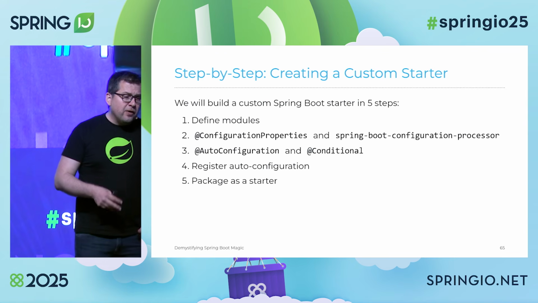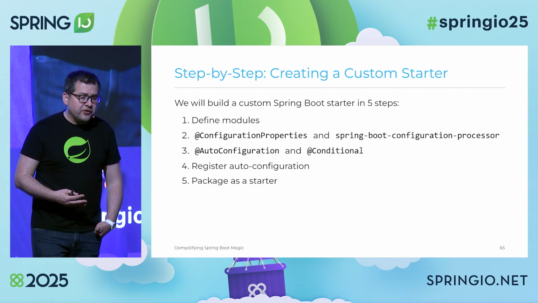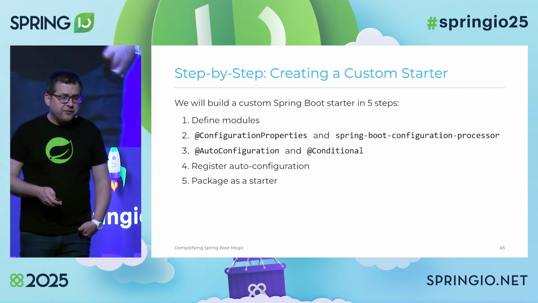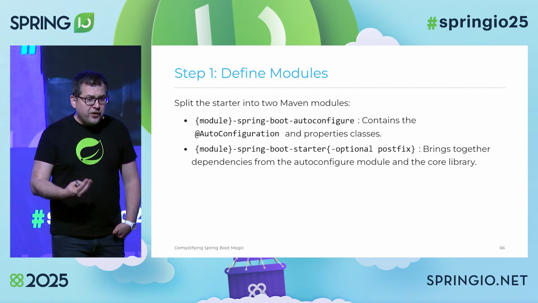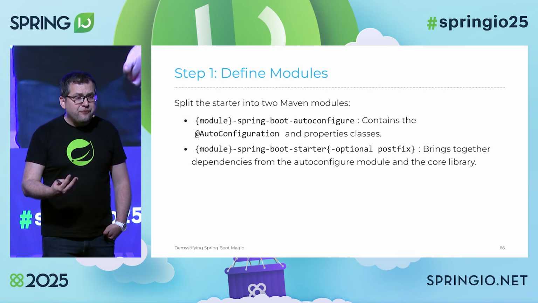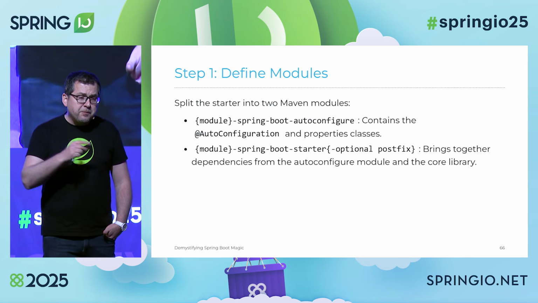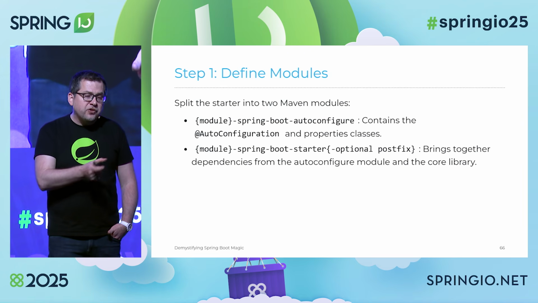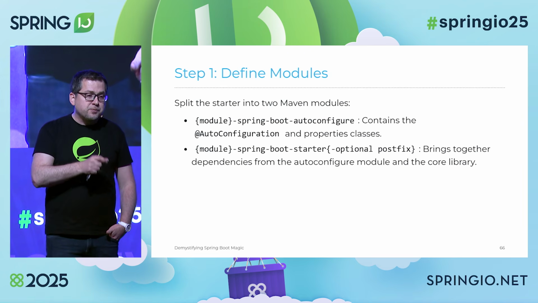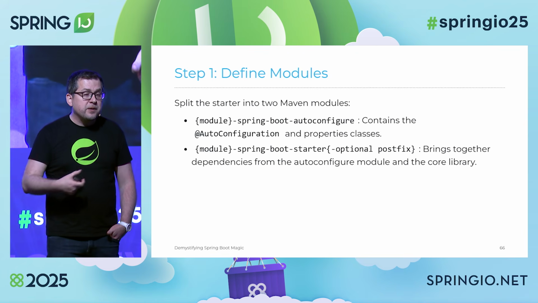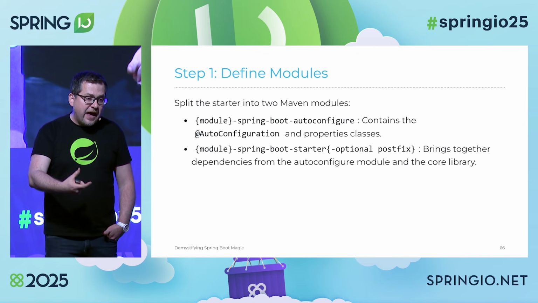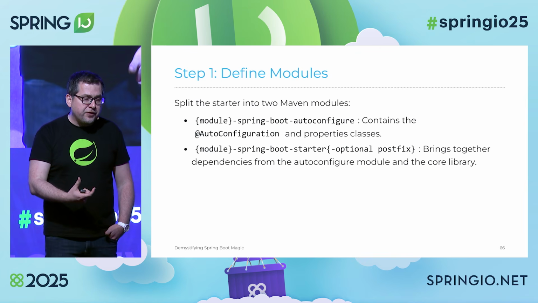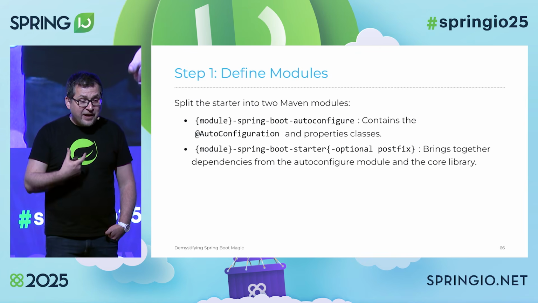So if we go step by step to create a custom starter, I want to highlight a few things here. The first step would be that we define our own modules, and be aware, do not make it the wrong way. The guideline is to add your module name in front of spring-boot-autoconfigure or spring-boot-starter, just to tell everyone it's not an official thing which is on start.spring.io, so people will immediately recognize.